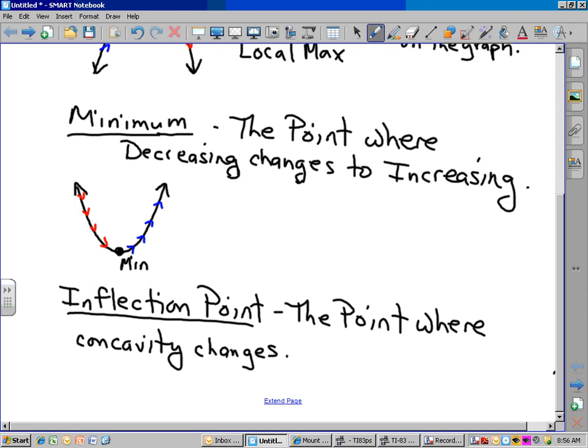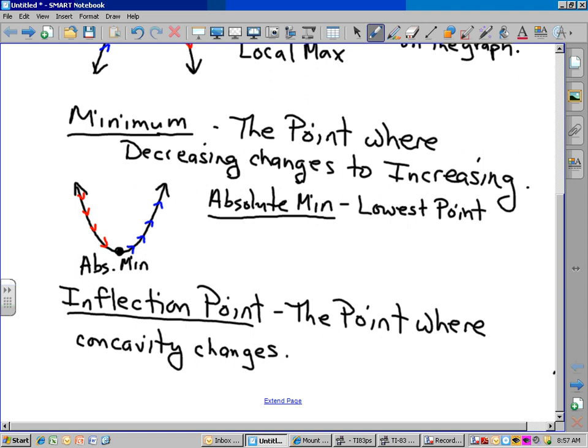And if we refer back to the last max, we can actually say it's an absolute minimum. Okay? Absolute minimum, the lowest point on the graph. The absolute lowest.